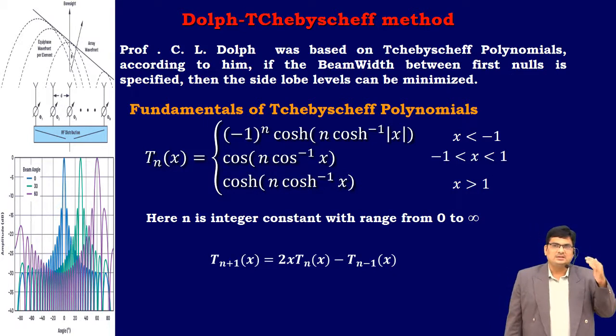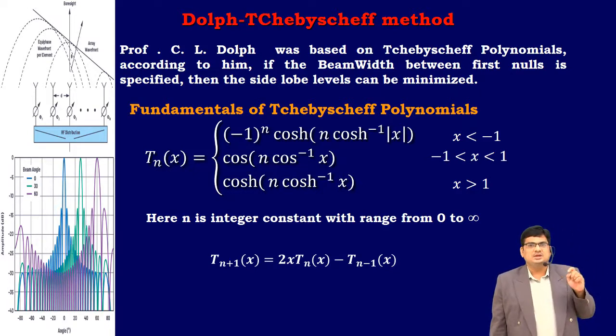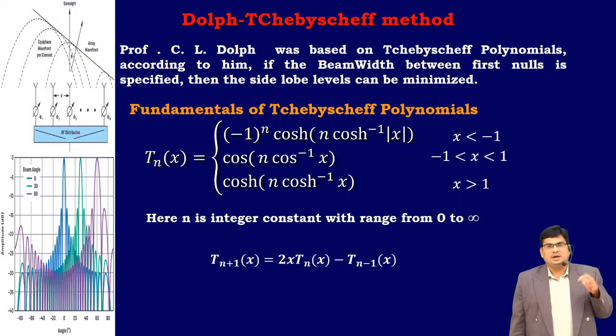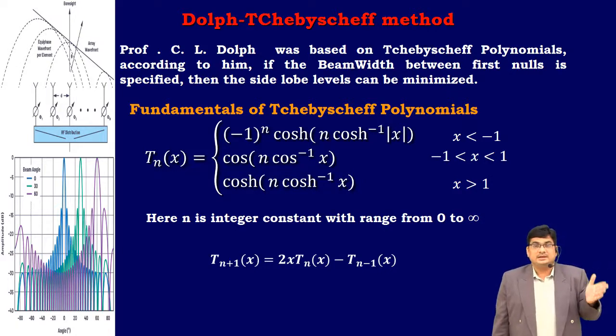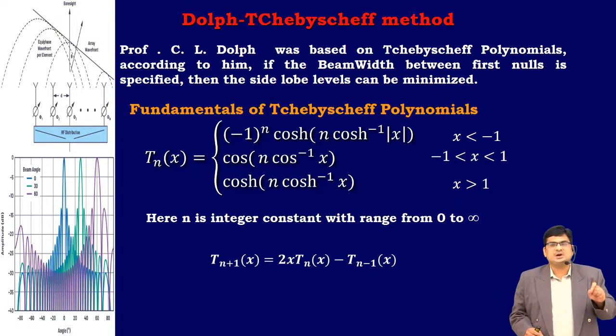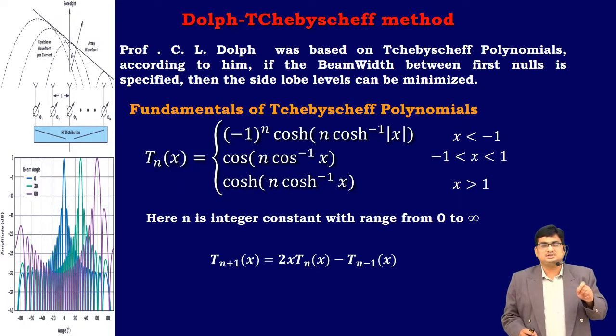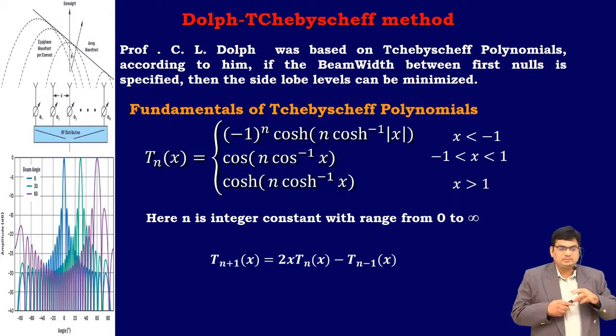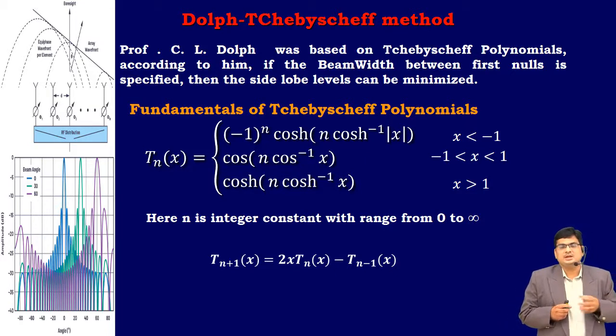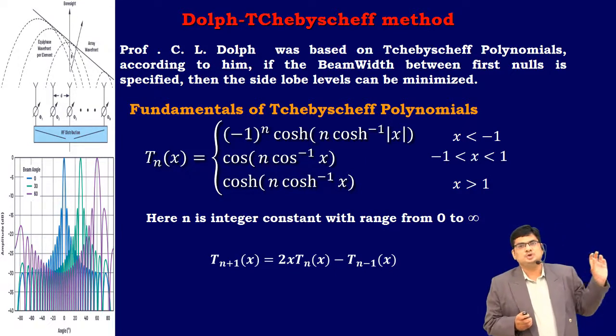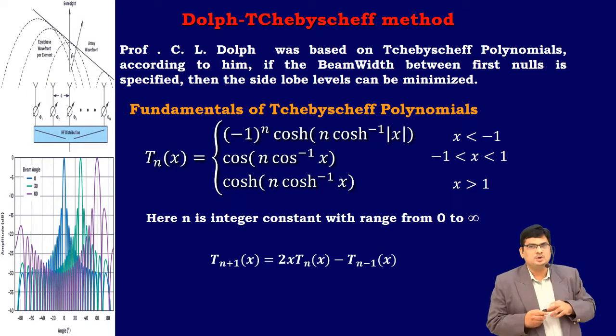For x less than 1, we use cos of n cos inverse x. For x greater than 1, which is beyond the limit, we use cosh of n cosh inverse x, and n may lie between 0 and infinity.